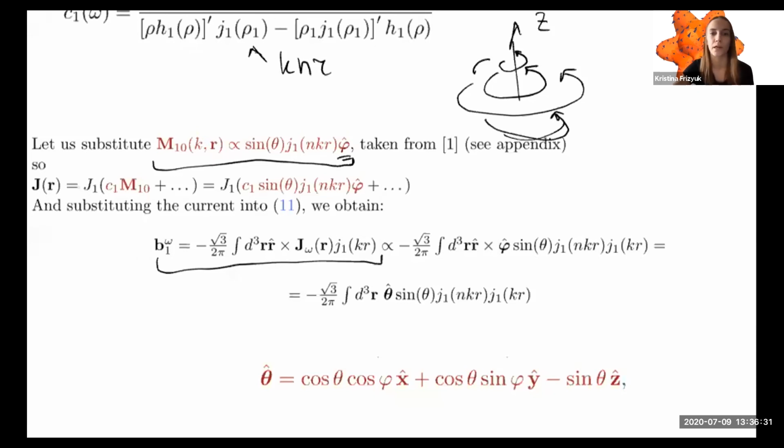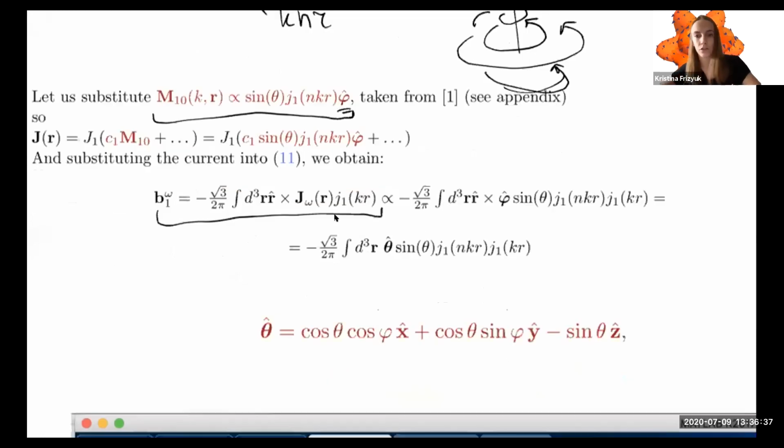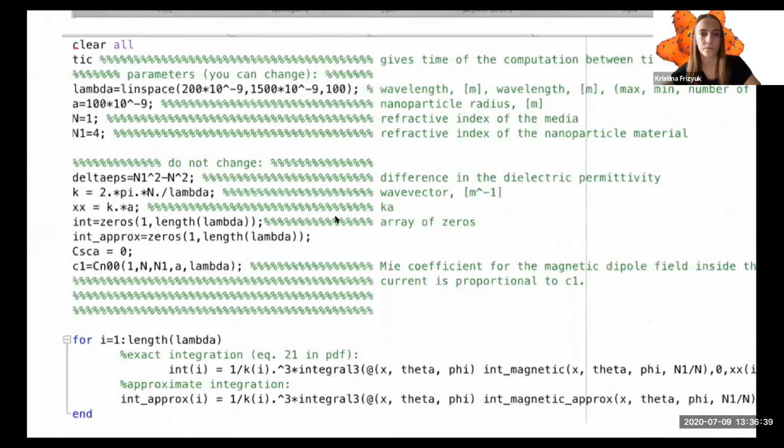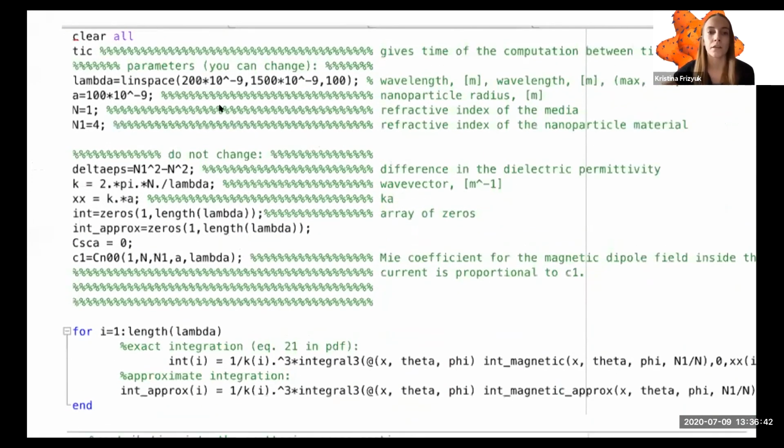And this is just one simple file. What does it contain? It contains here just the parameters. You can, first of all, leave them like this, and then you can change them and look at something. Here you have a range of wavelengths, from 200 to 1000, and maybe it is already changed in the file. Here is the nanoparticle radius.